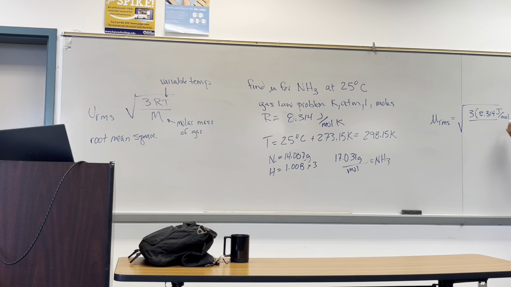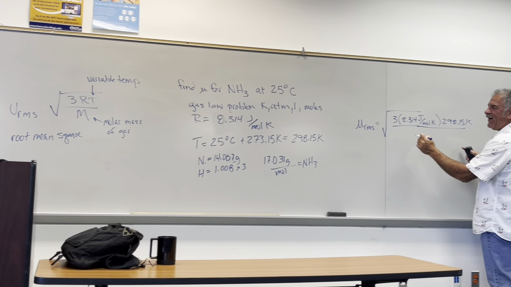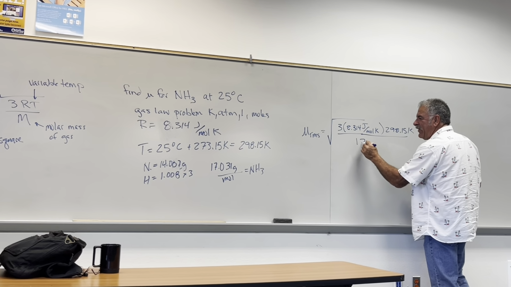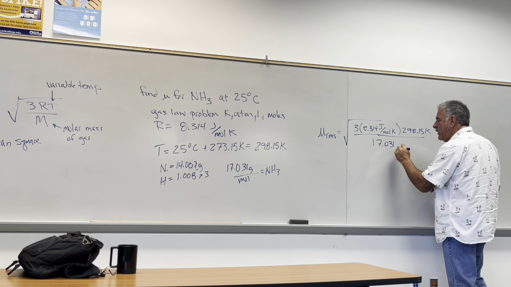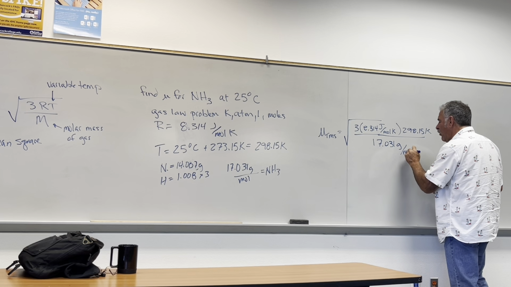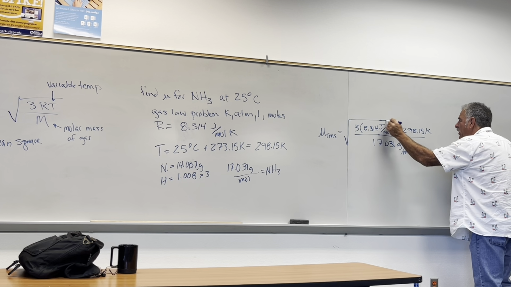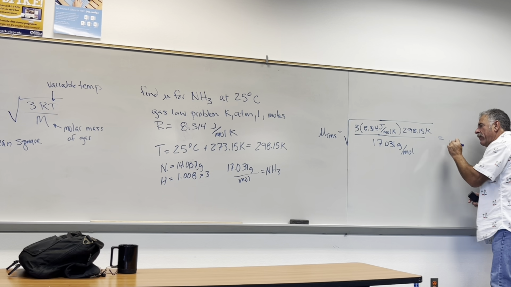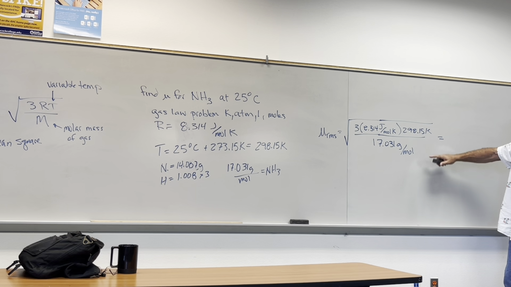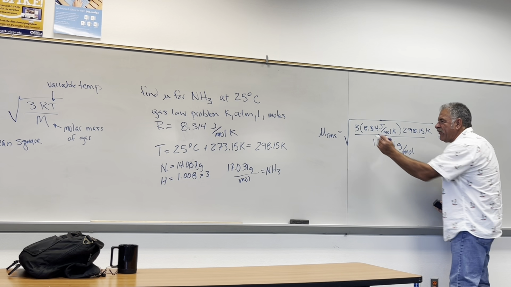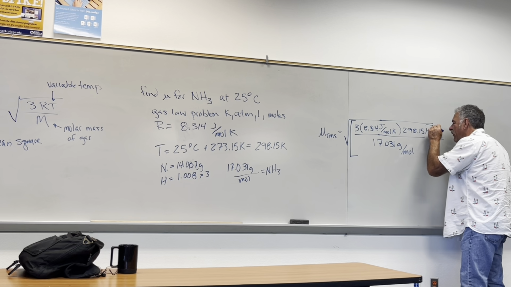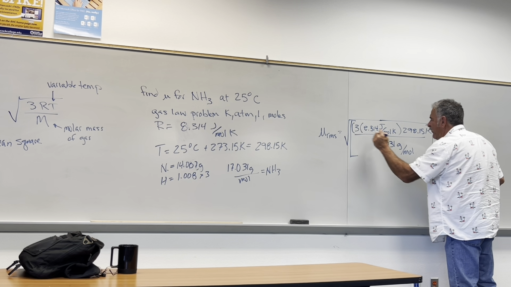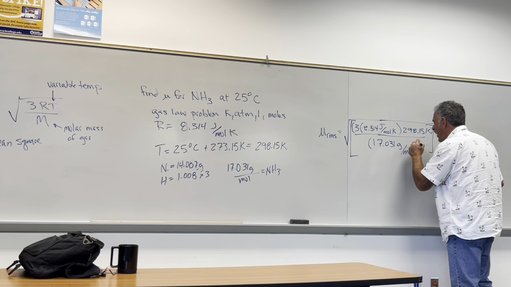That's good. Good one. And then 298.15 K. And then what are we dividing by? Oh, molar mass, 17.031 grams per mole. All right, and that's all under our square root sign. The way I like to do these is I like to put this all in brackets and then do a bracket for the top and then divide by the bottom.